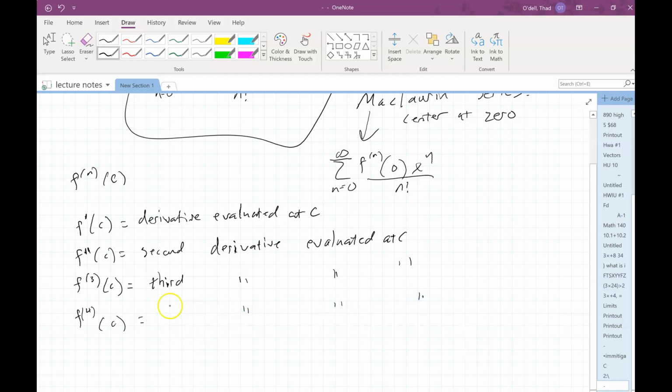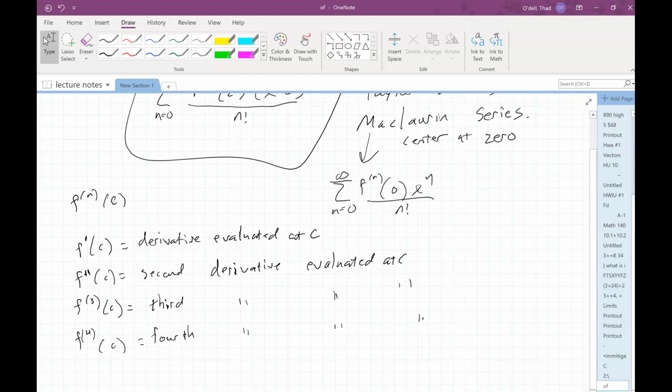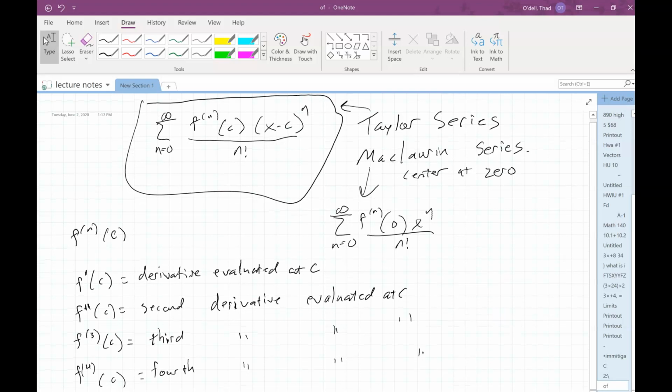That's the notation you need to understand. Of course, you should also understand the sigma notation. We know that n starts at 0 and goes up 1 each time, so n equals 0, 1, 2, 3, 4, all the way up.